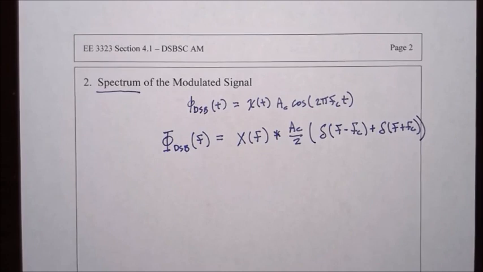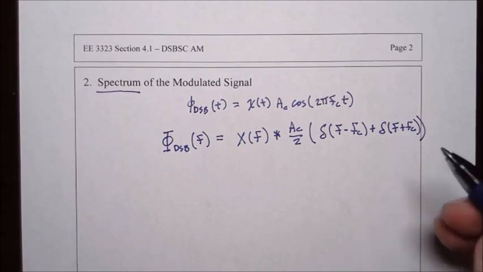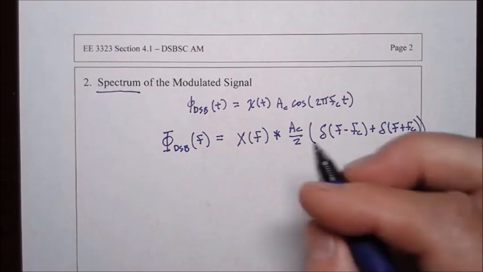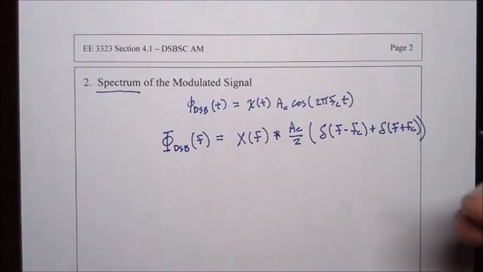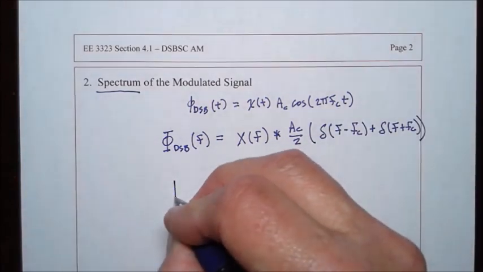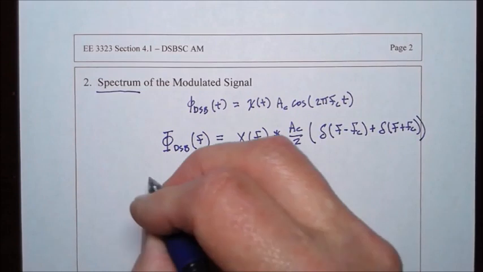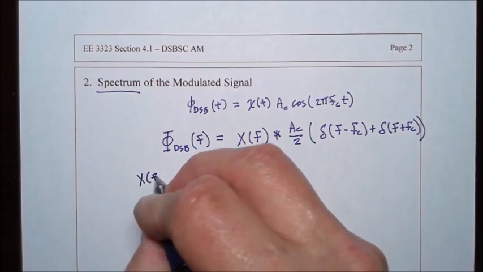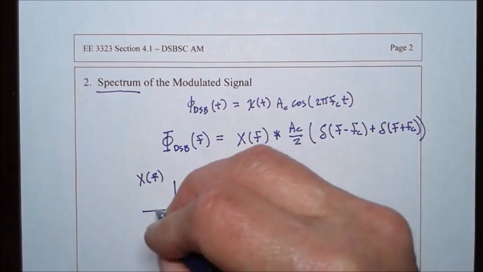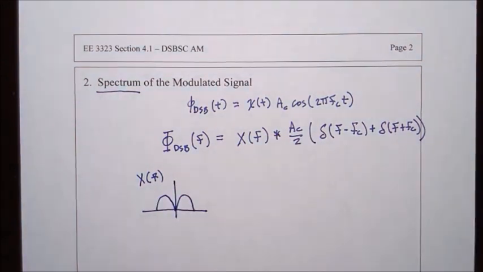So if we were to sketch the spectra of these signals, let's say the Fourier transform of the message signal has some kind of shape like this.